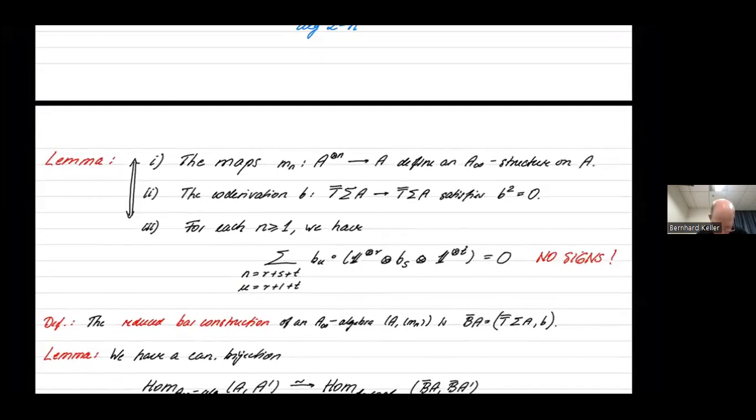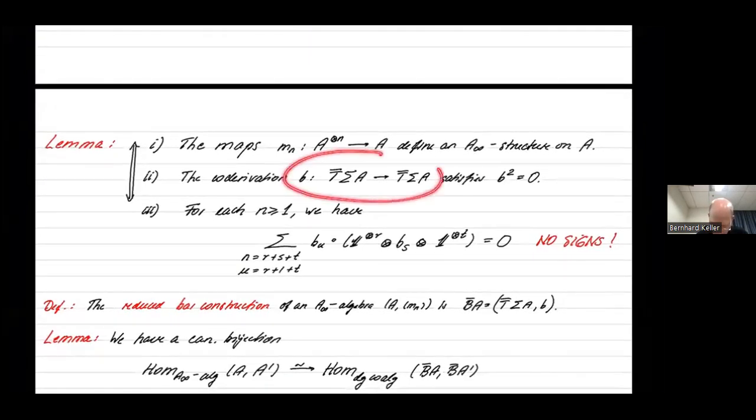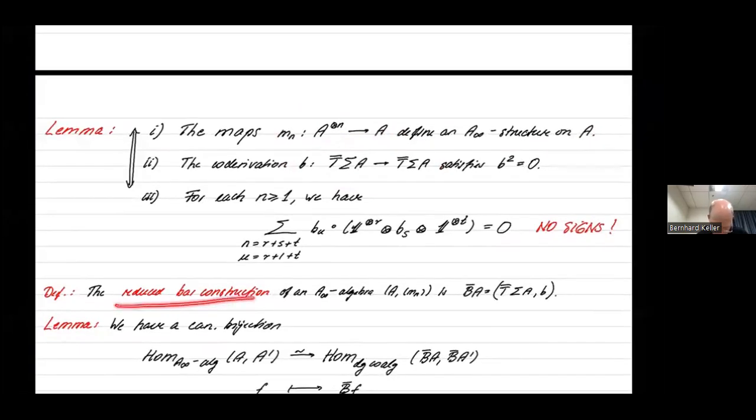And now, this is the compact way of encoding an A infinity structure on A. By definition, the reduced bar construction of an A infinity algebra A with multiplications mn is the reduced tensor coalgebra on the suspension of this space together with the B's obtained from this bijection between mn's and bn's.